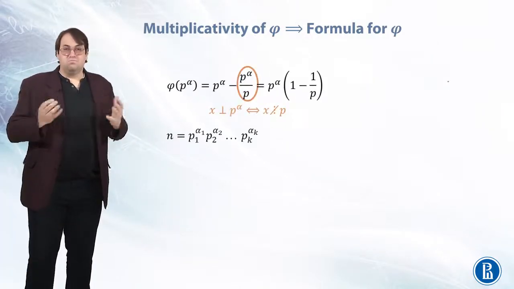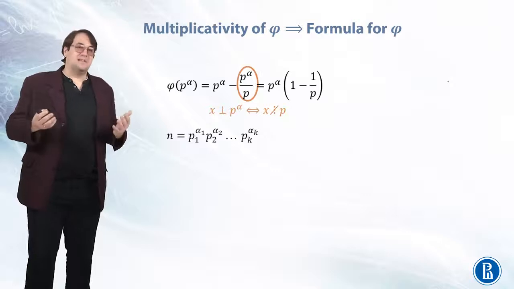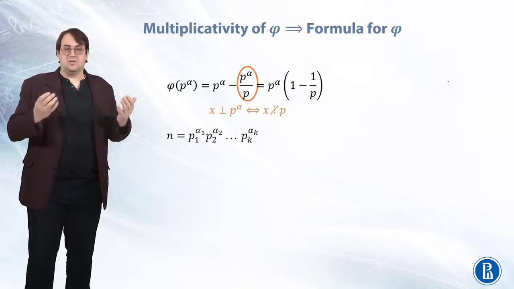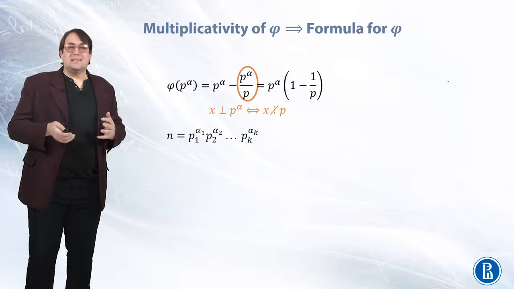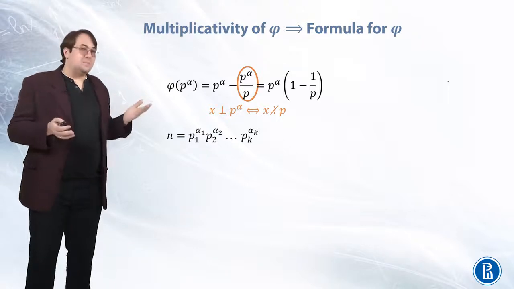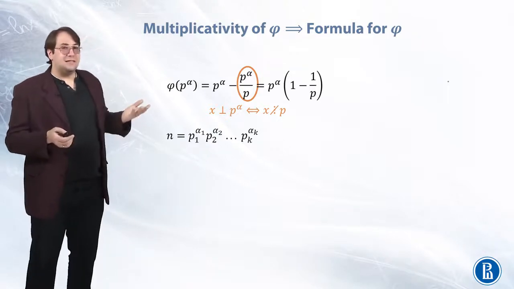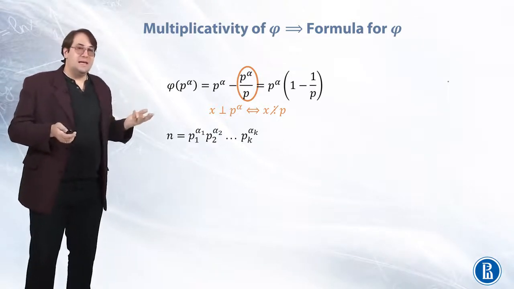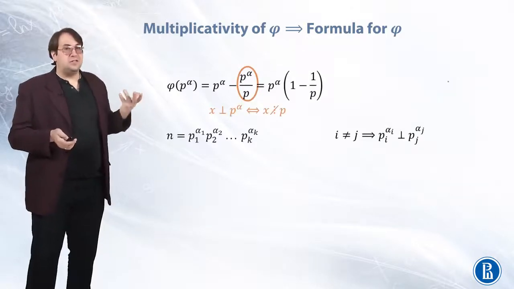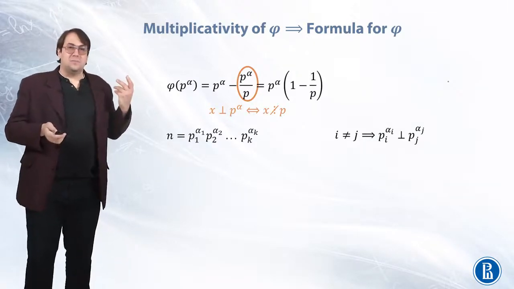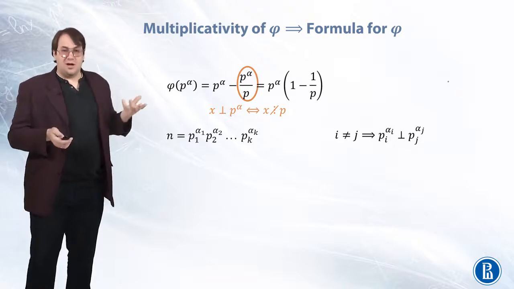Now, take the prime factorization of an arbitrary positive integer n. We understand that all these primes are pairwise distinct, which means that these factors are pairwise mutually prime.